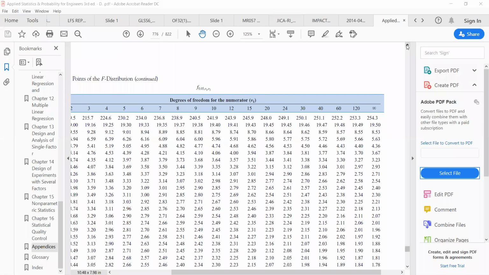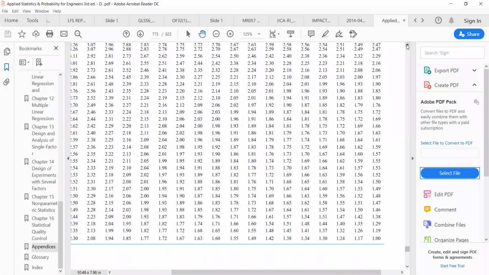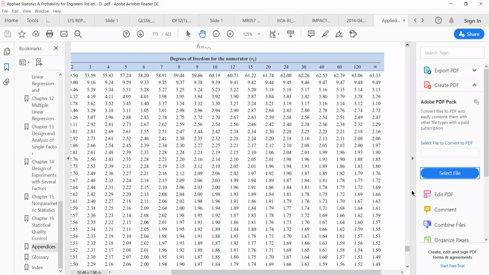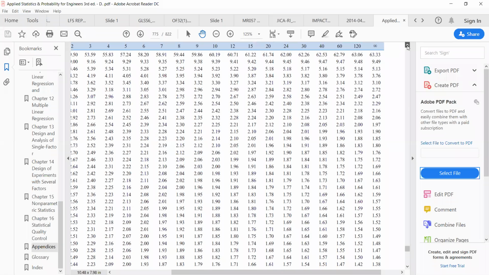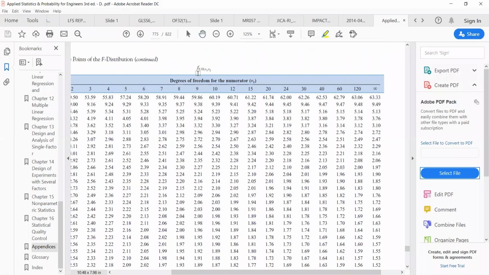Okay. So like I was saying, the F table has different values. So when you come to this table here, this is F at what? 0.10. That is not the table we're looking for.